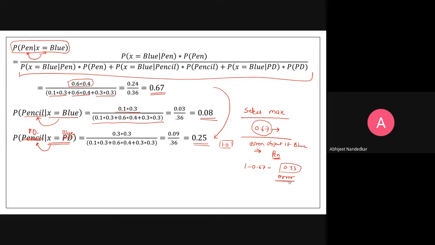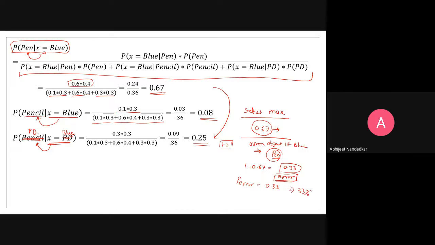So there is a 0.67, or 67% chance that the given object is a pen. So my computer is going with the decision that it is a pen, but there is still a chance that this will be a wrong decision, and the chance of a wrong decision, that is the probability of error, is 0.33 or 33%.